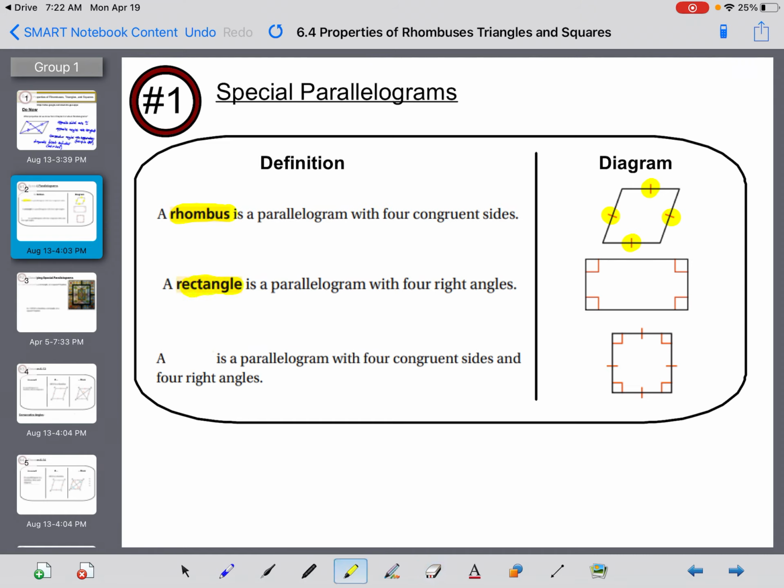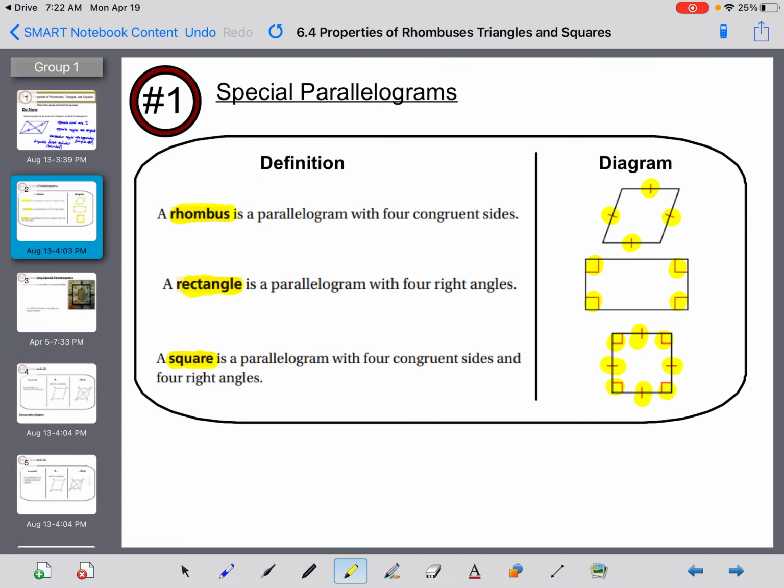A rectangle, make sure you fill in rectangle, is a parallelogram with 4 right angles. So if it's got 4 right angles and it's a parallelogram, it is considered a rectangle. A square is a parallelogram with 4 congruent sides and 4 right angles.